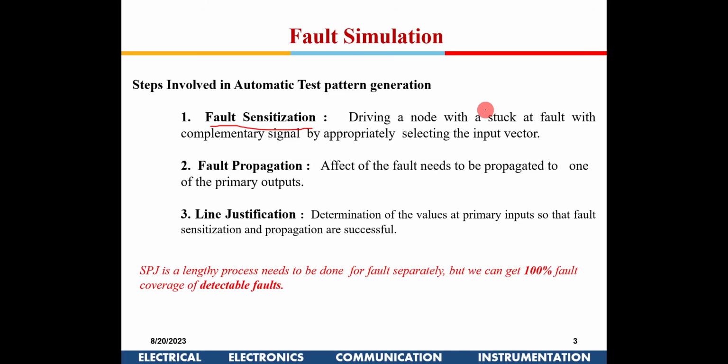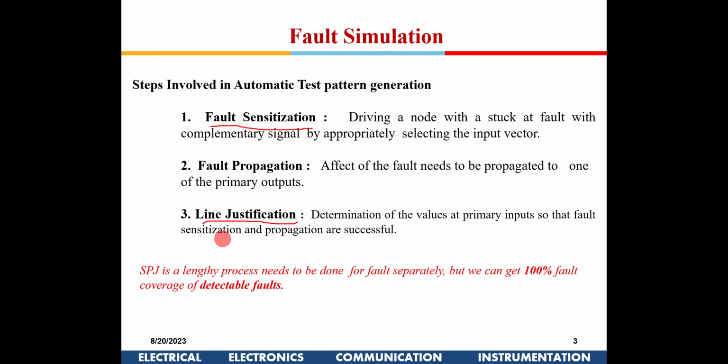Similarly, if it is stuck at 1, then we have to ensure that a 0 is placed there. That is fault sensitization. Then you have to find a path where that fault is propagated to the primary output, and then from there you work backwards and try to find out the corresponding input vectors. So these are the three steps involved.